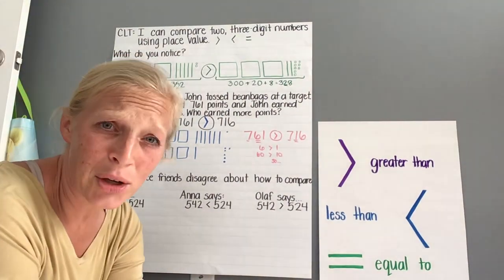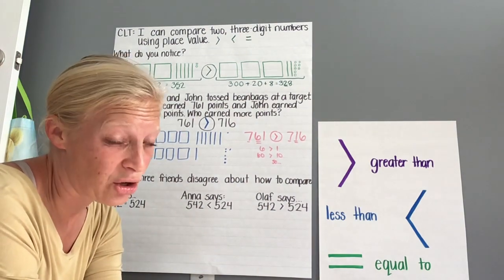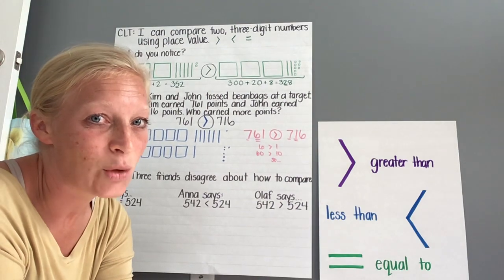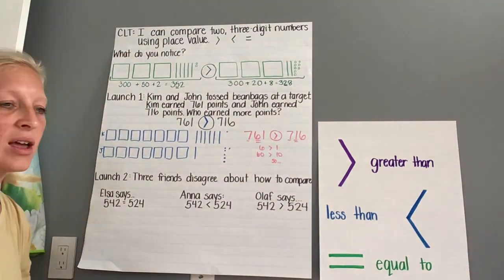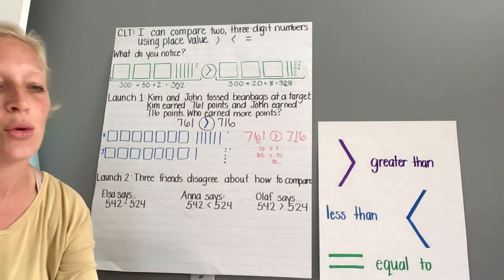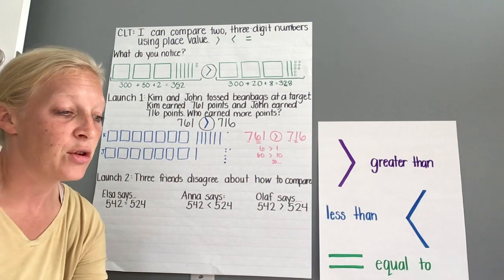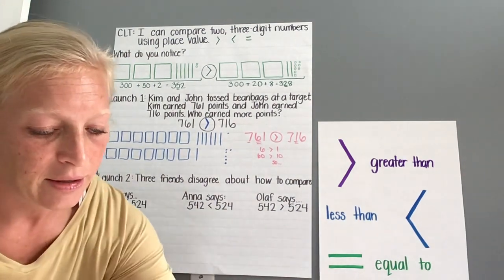Who do you agree with and why? And I want you to draw a picture or show me a model to prove it. And you can even write, I agree with because.